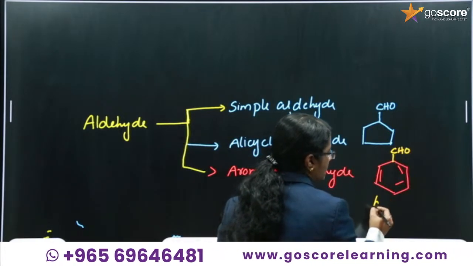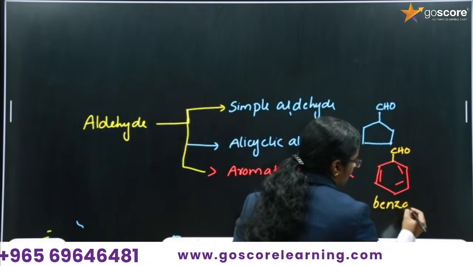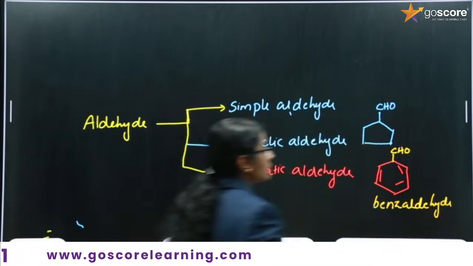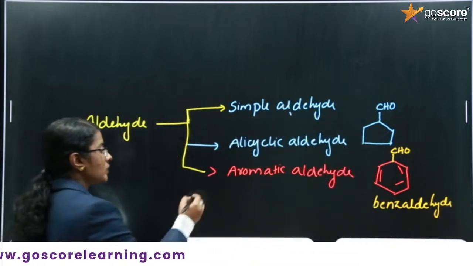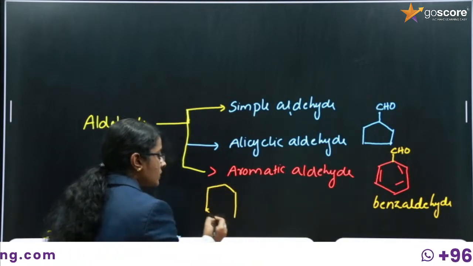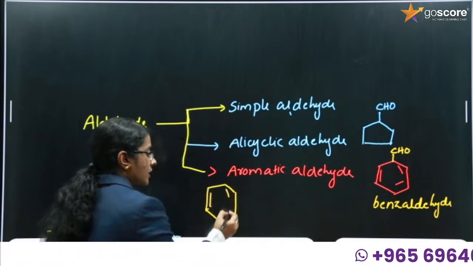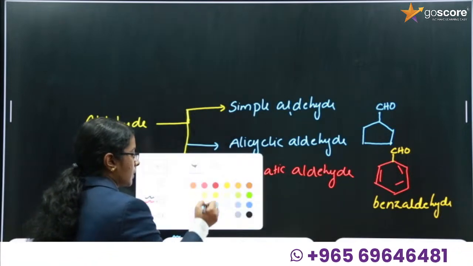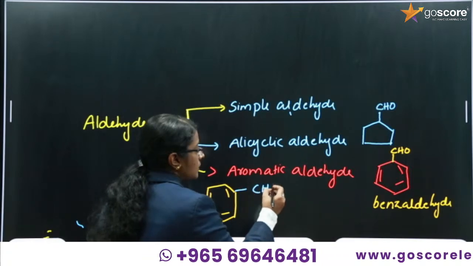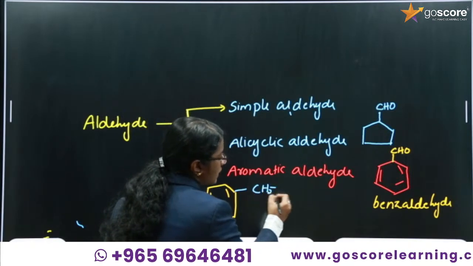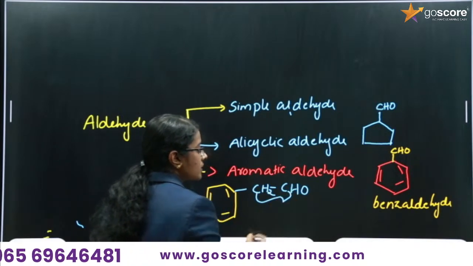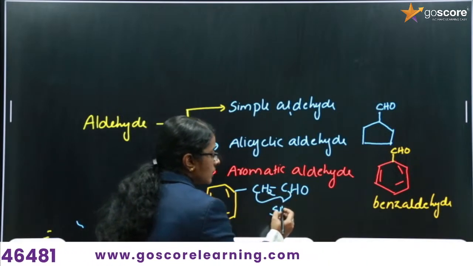The next type is if the aldehyde is attached to the benzene ring as a side chain, then the side chain is considered as the main chain.